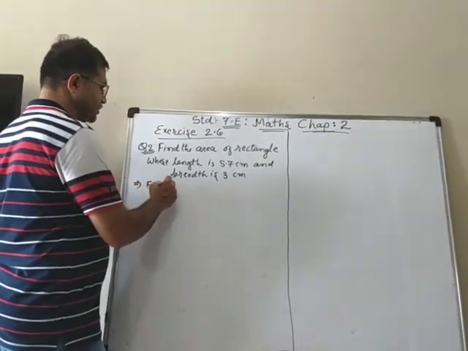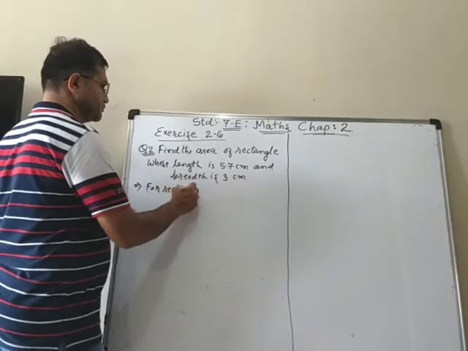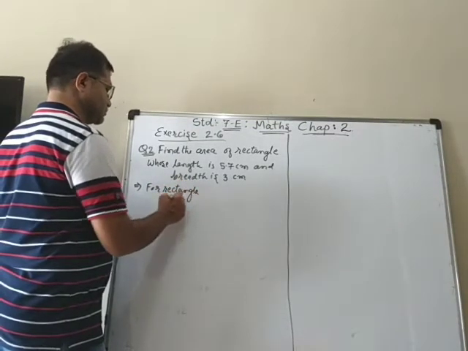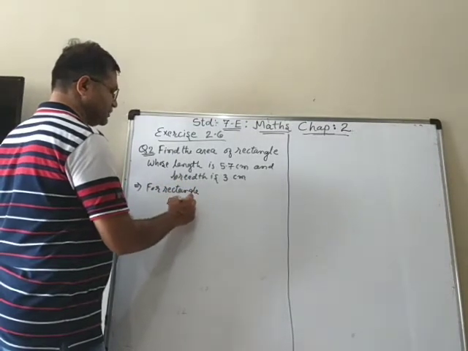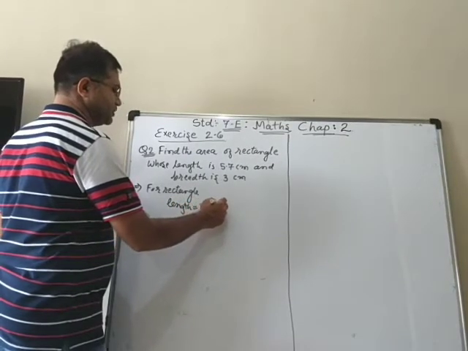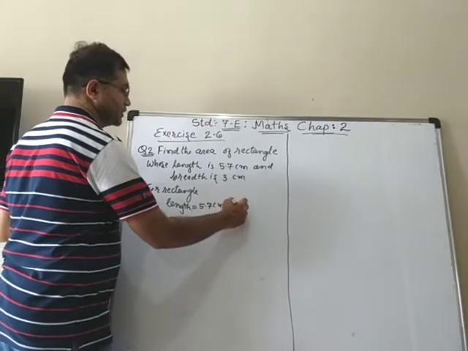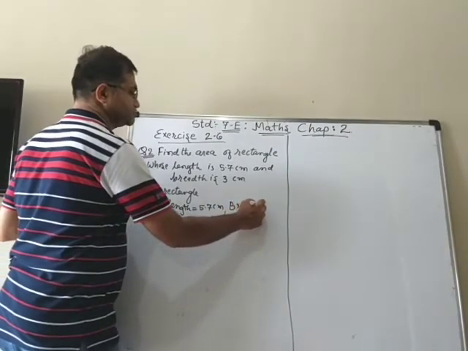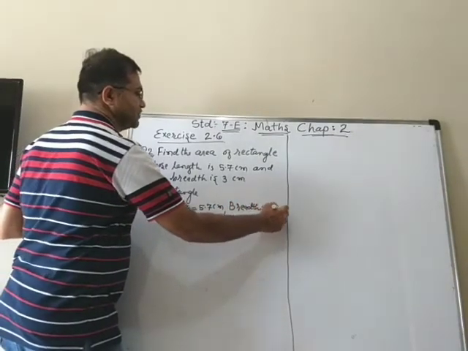So for rectangle, length is equal to 5.7 centimeter and breadth 3 centimeter.